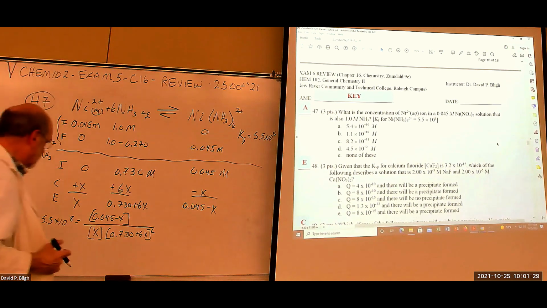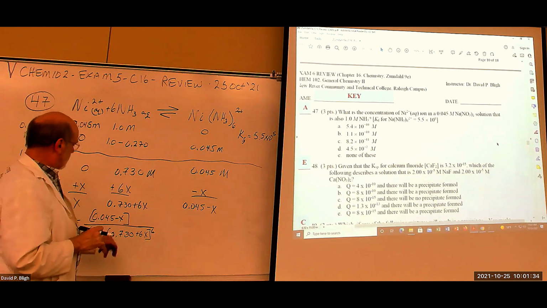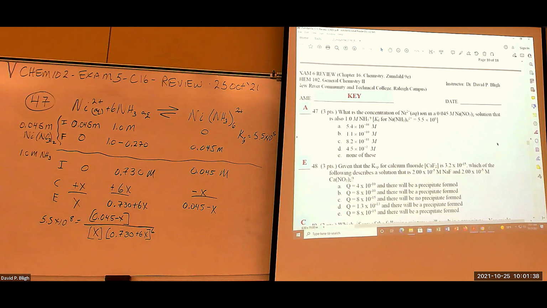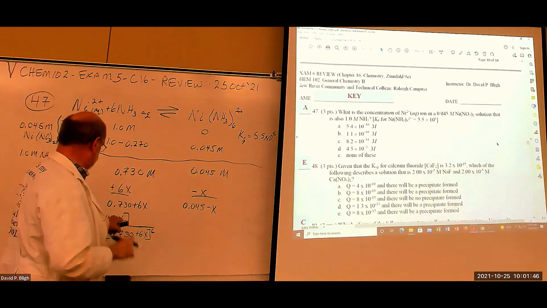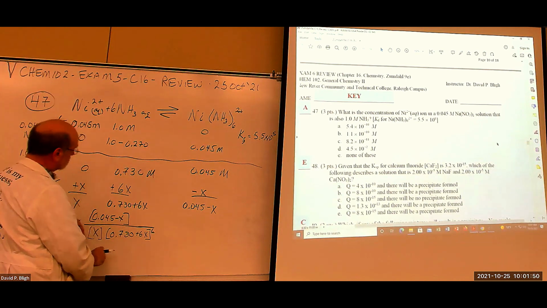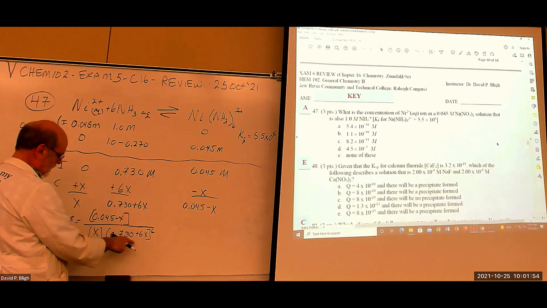Okay, we're going to make an assumption here. Which one can we eliminate? We're going to say that this x compared to these values is going to be very small. That x is small compared to this one, that x is small compared to this one.